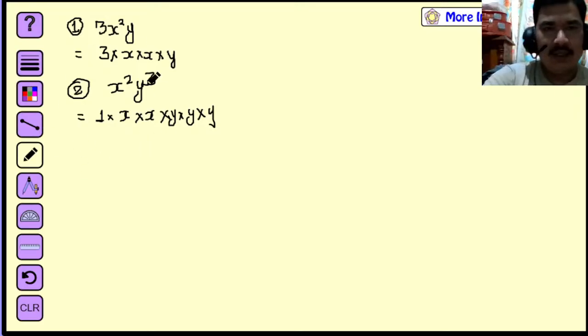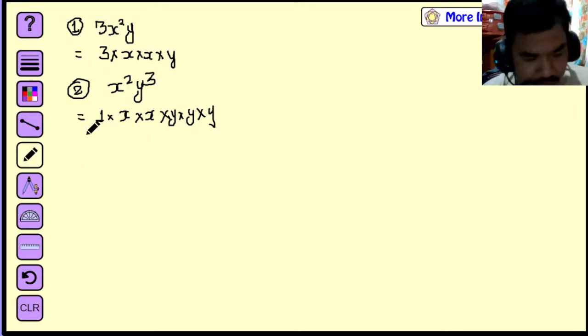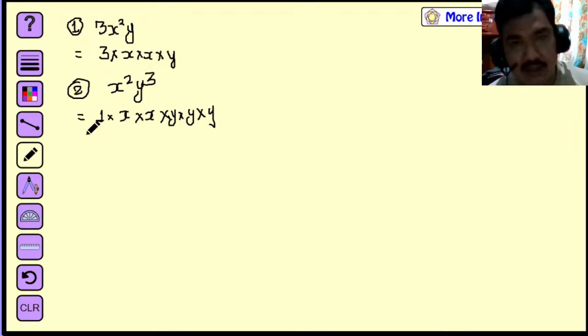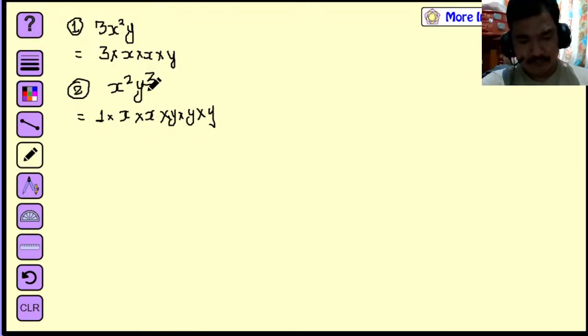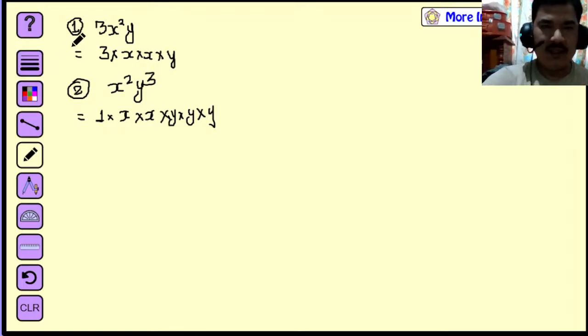Monomial means there is only one term. Terms are separated by only the plus and minus sign, but here is only one term. So it will be 1 multiplied by x into x multiplied by y into y into y, because it's a y cube there. Like this we have to understand the factorization of monomial.